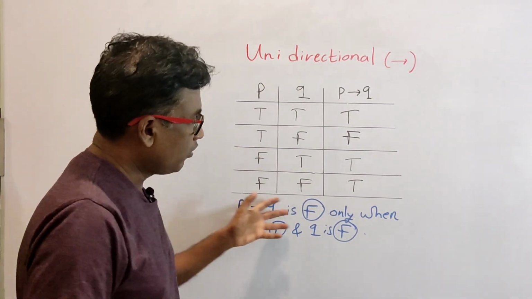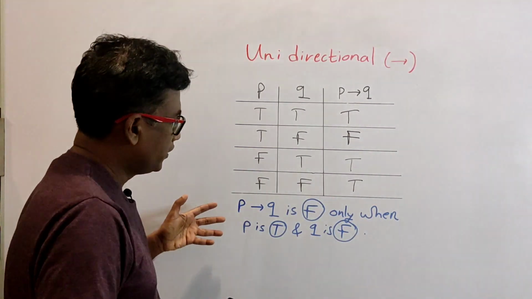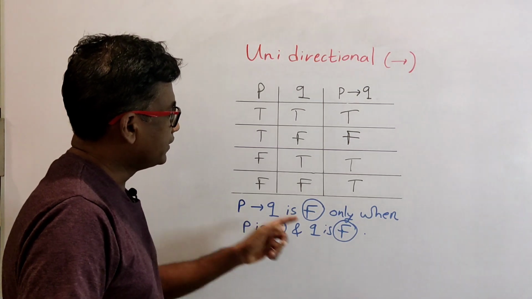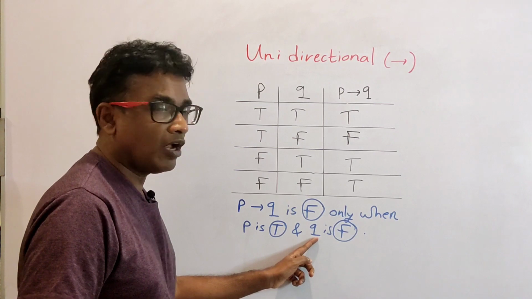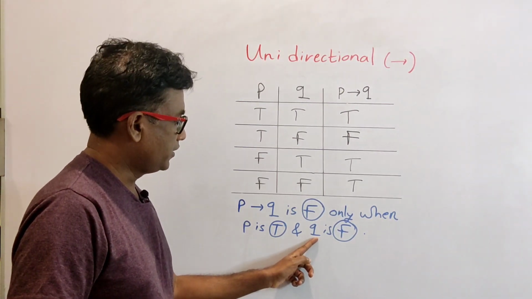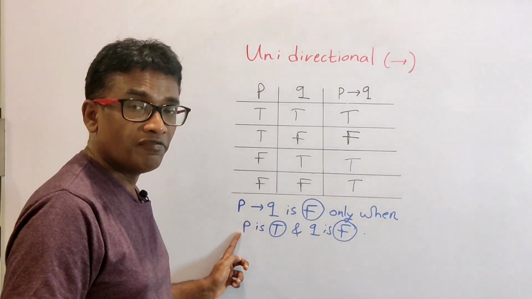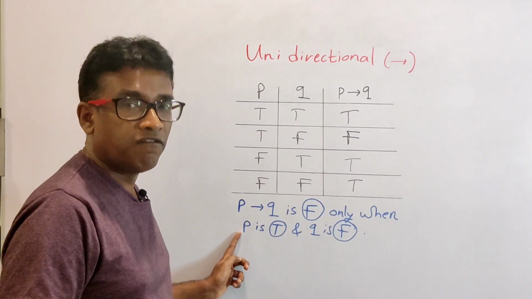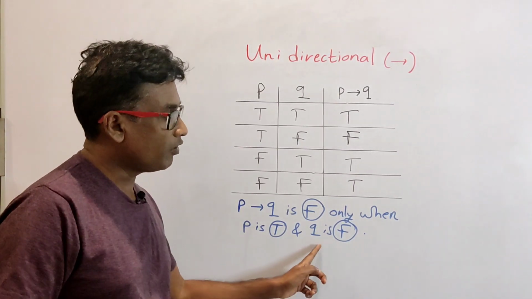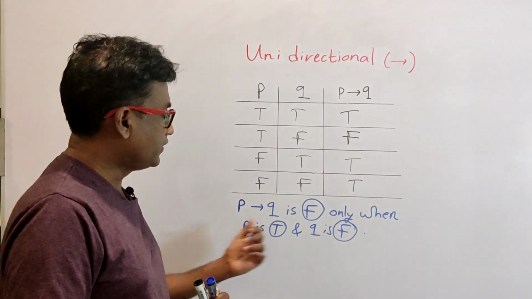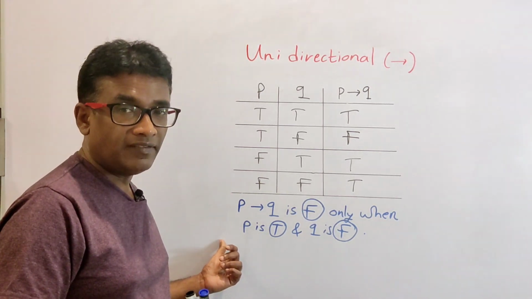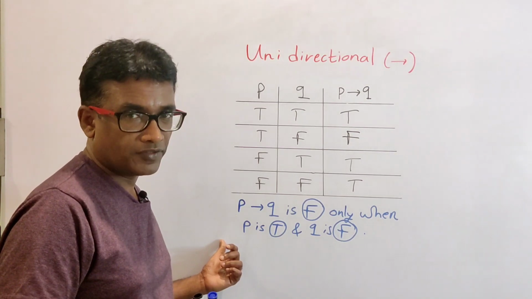Now according to this rule, the truth value of Q is not important when the truth value of P is false. The truth value of the consequent is not important if the truth value of the antecedent is false, right?